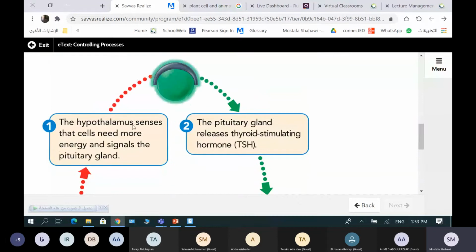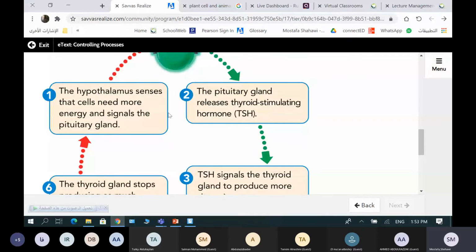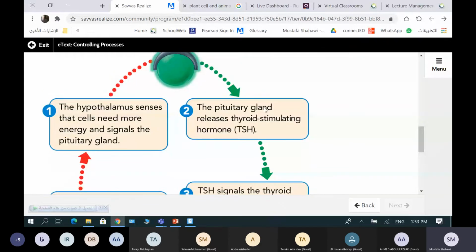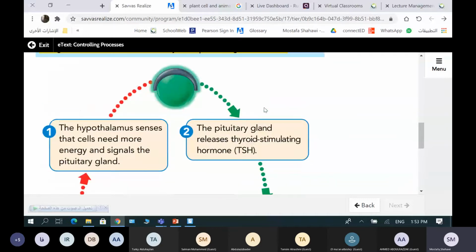So we have 3 glands here involved in the process. Can anybody tell me what are the 3 main glands involved in the process of negative feedback of thyroxine? We have 3 glands involved in this process, controlling thyroxine in the blood. Who knows these 3? We just talked about them.